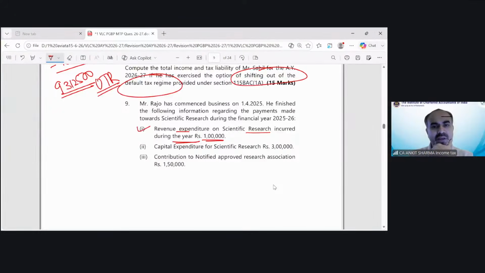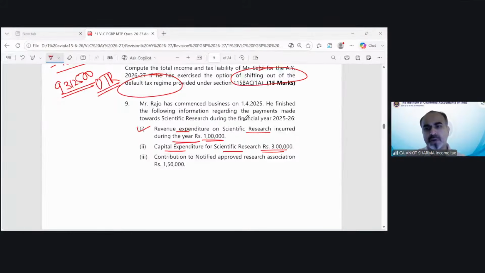Next is capital expenditure for scientific research, rupees 3 lakh. What should be the treatment, students? Allowed or disallowed? Nisha is saying allowed. Vishaka is saying allowed. Mahek is also saying allowed. Garv is saying allowed.